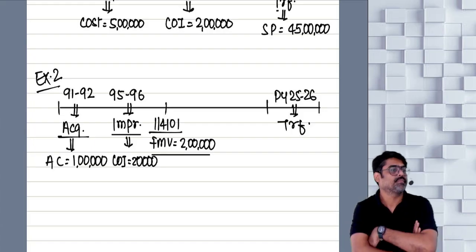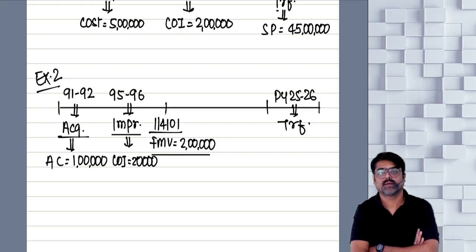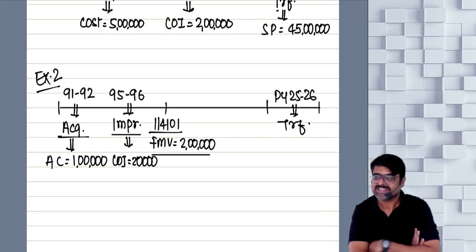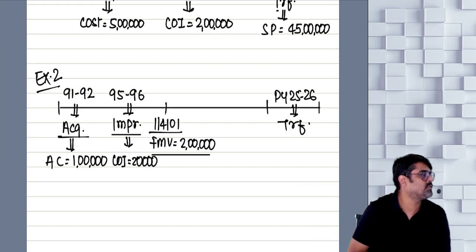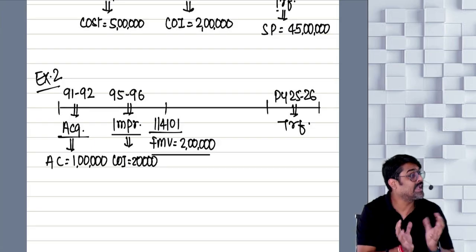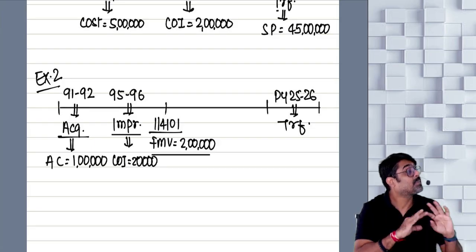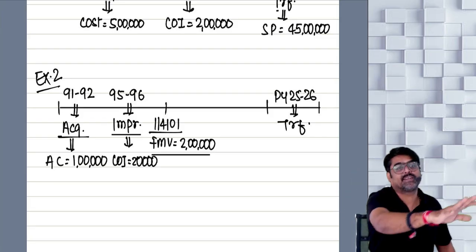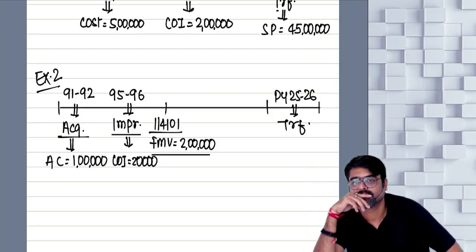Don't you think, if we are giving you the option to take this fair market value, you would have taken it as the cost? That fair market value takes care of everything done prior to this. Meaning the improvement done prior to 1st April 2001 is already considered in this fair market value.